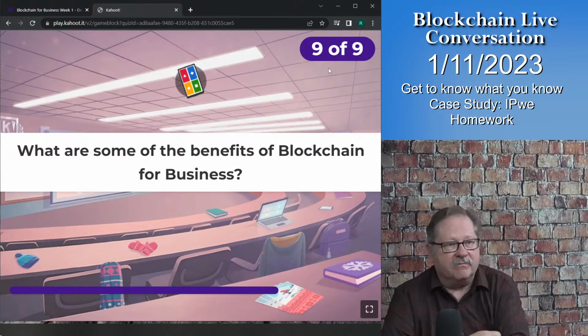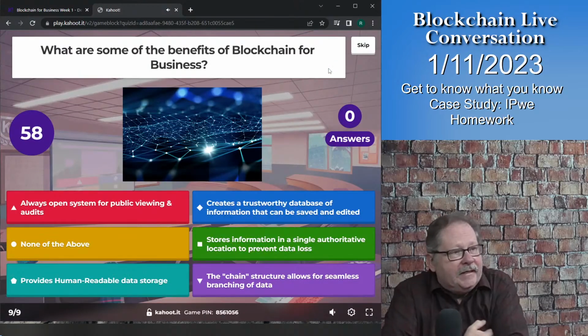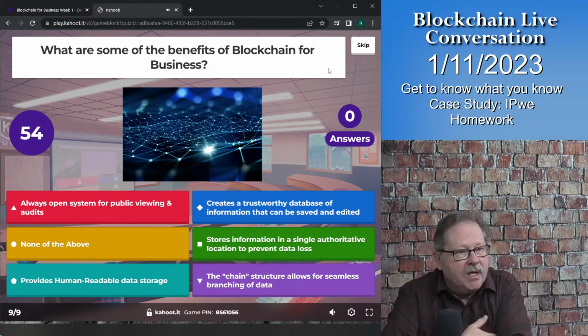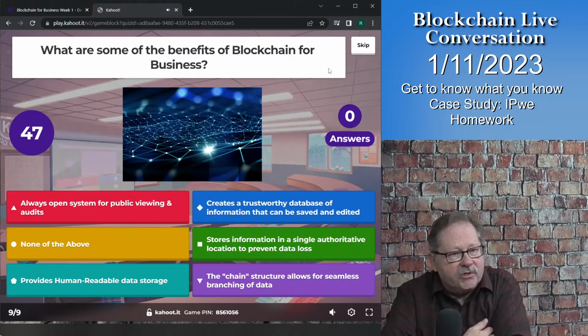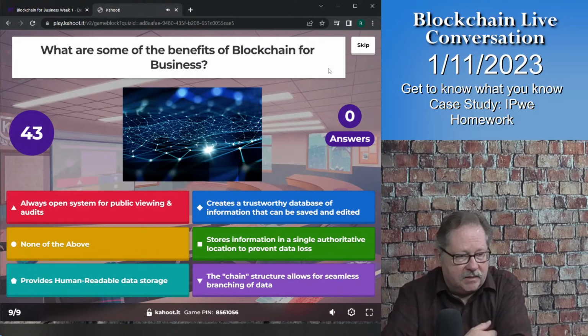What are some of the benefits of blockchain for business? Always open for public viewing and audits. Creates a trustworthy database of information that can be saved and edited. Stores information in a single authoritative location to prevent data loss. The chain structure allows for seamless branching of data, or provides human-readable data storage, or if you don't like any of those answers, you say none of the above.